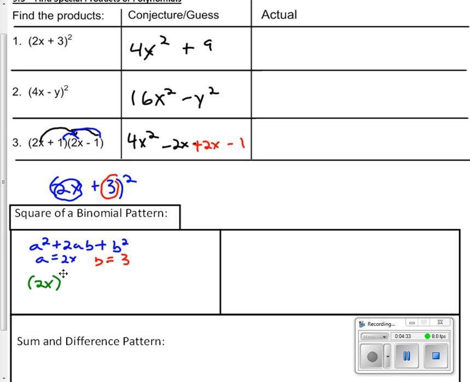So I have 2x squared plus 2 times a, 2x, times b, 3. And then I'm going to finish off. I've got that b squared. My b is 3, so I get plus 3 squared. And the only reason I have stuff in parentheses and I left that 3 out is because I don't have to distribute it to anything except for the 3, so we can just have 3 squared in the end.